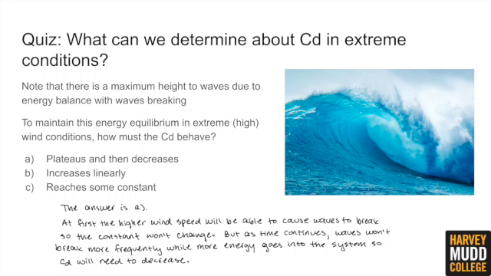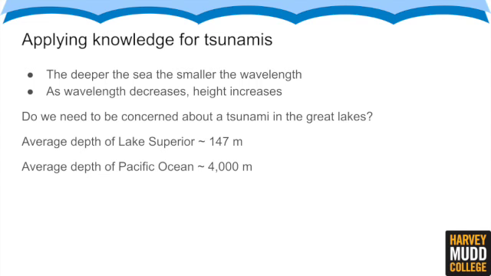There's only so many waves that are going to be tall enough that this higher wind speed is going to cause them to break. So while more and more energy goes into the system in the form of more and more wind speed, the coefficient is going to need to decrease just to maintain that energy equilibrium.